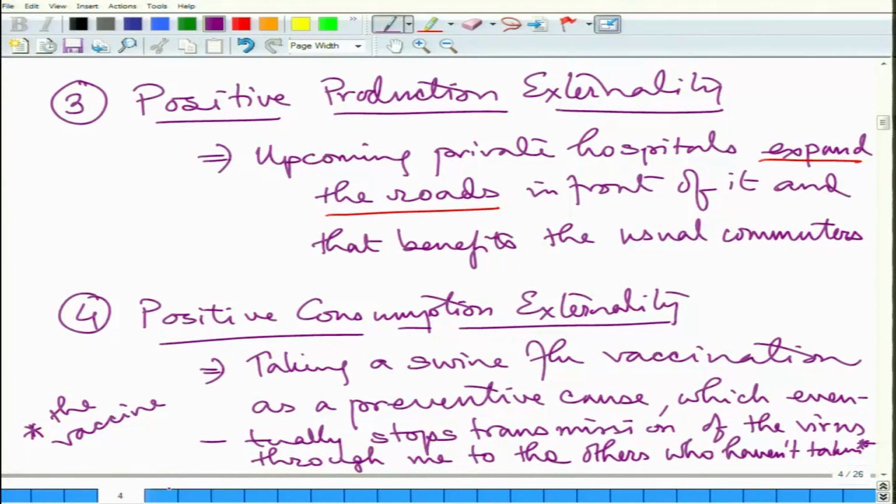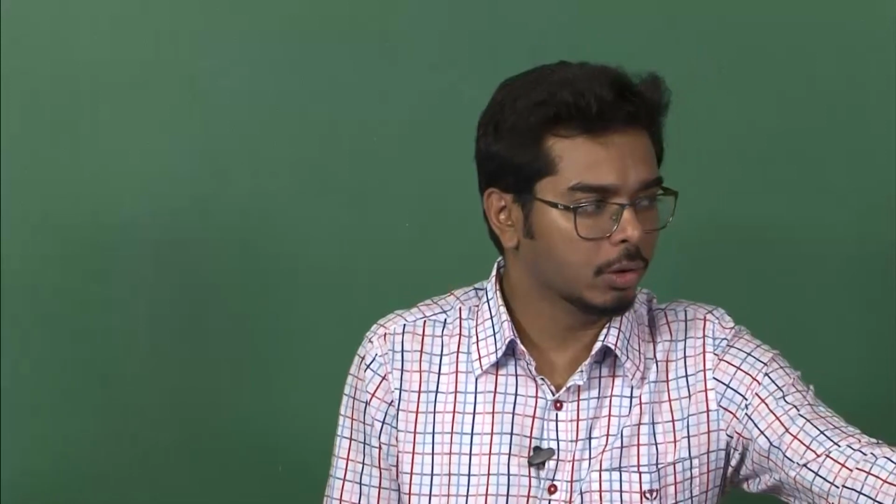Now, generally whenever we talk about positive externality and negative externality, we say that in one case the cost is more, in the other case the benefit is more. When it's positive externality, we talk about the benefit. When it's negative externality, we talk about the cost. But every single thing has its own private cost and its own private benefit.